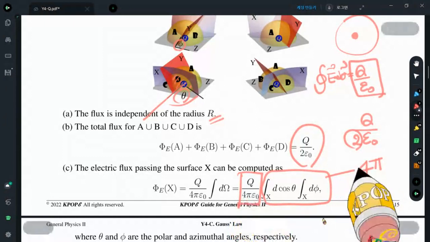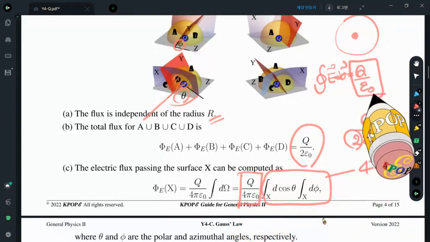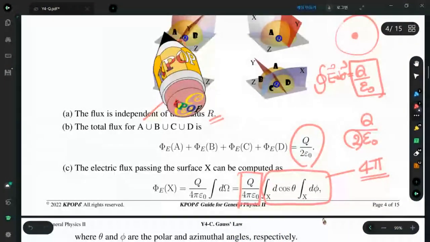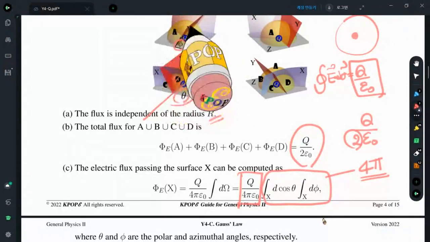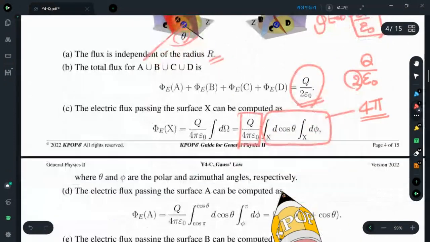The 4 pi cancels to get Q over epsilon 0 in case we have integrated over the whole space. If you integrate over the hemisphere, it is Q over 2 epsilon 0.